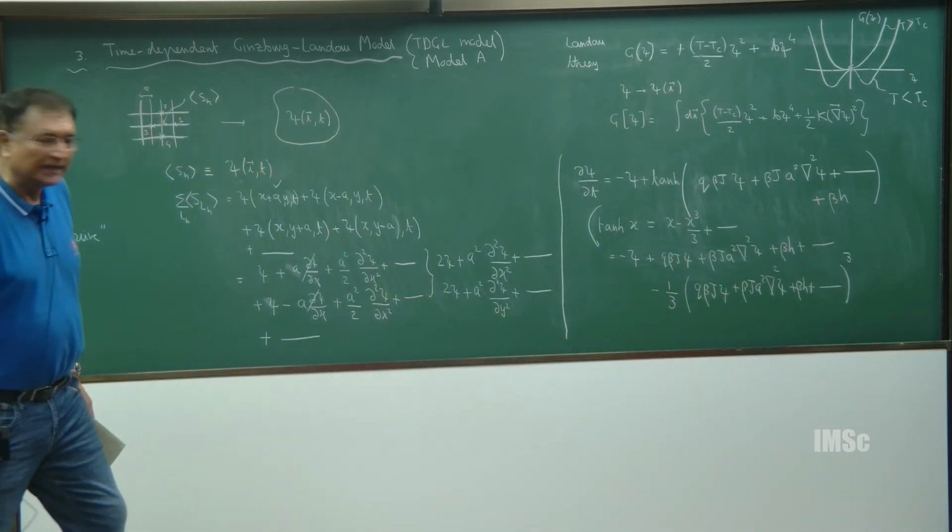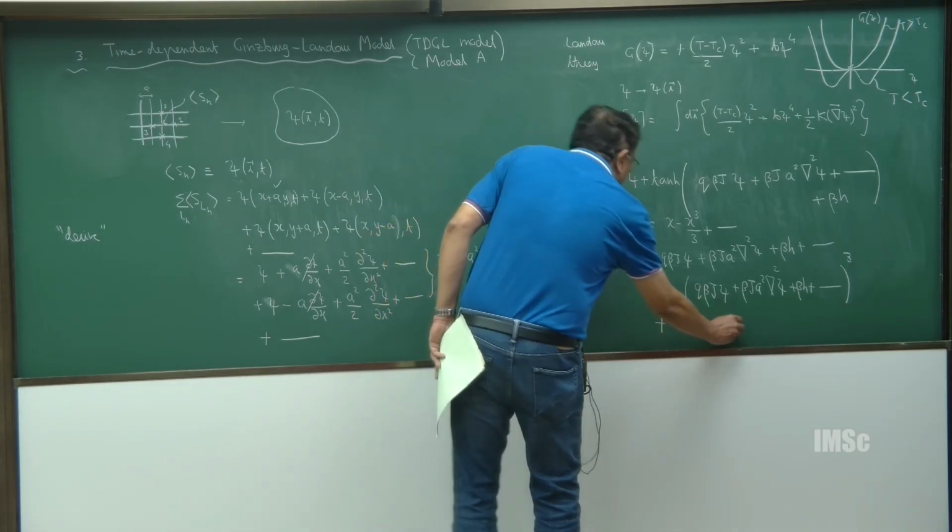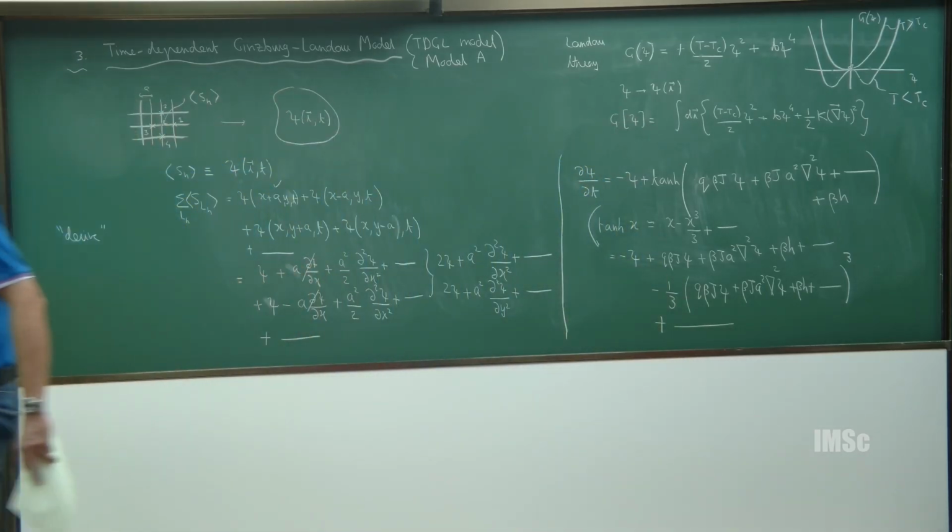Ugly, huh? Plus higher order terms in the expansion. This is the derivation, I should have said this, done by Suzuki and Kubo of the TDGL equation, of motivating the TDGL equation.